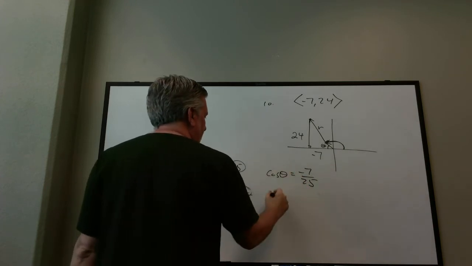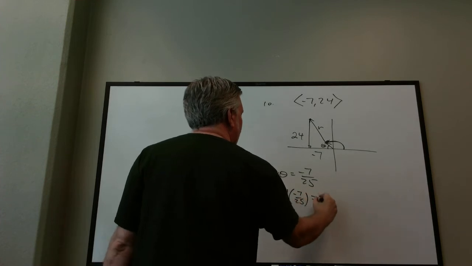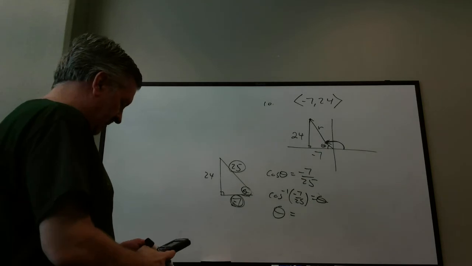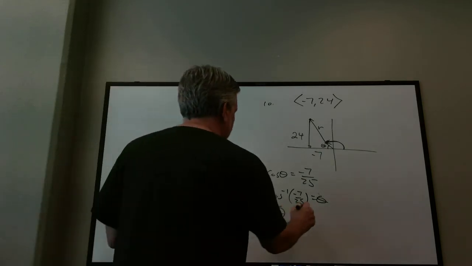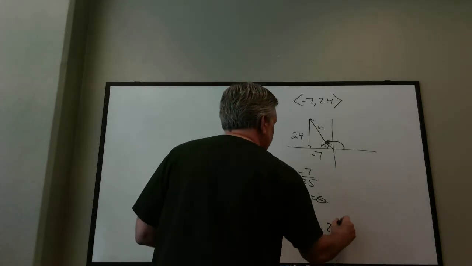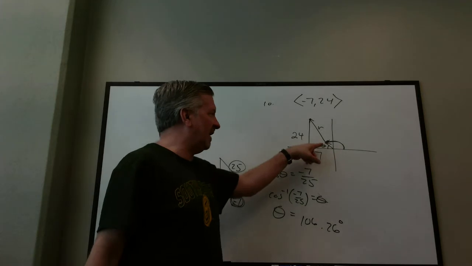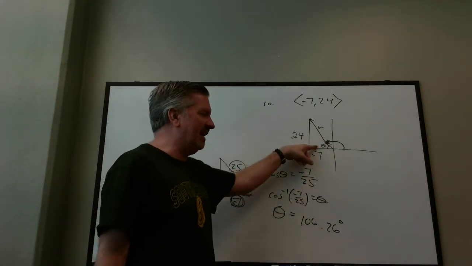Cosine of an angle is a number, so cosine inverse of the number is the angle. And you would have gotten cosine inverse of -7 over 25 is 106.26 degrees, which was the direction angle, not the theta. All right, so you realize this can't be the theta. That doesn't make any sense.